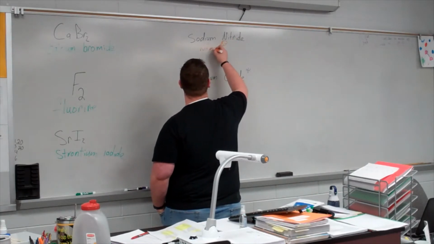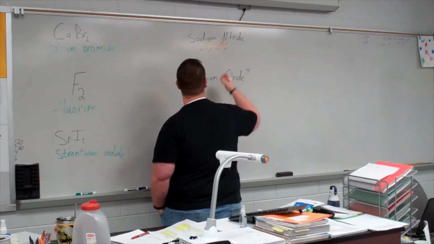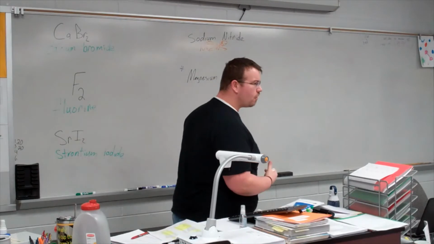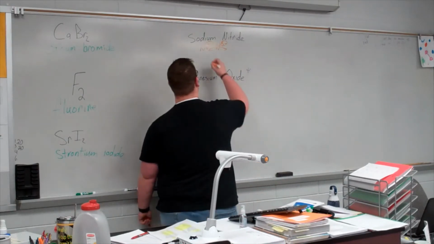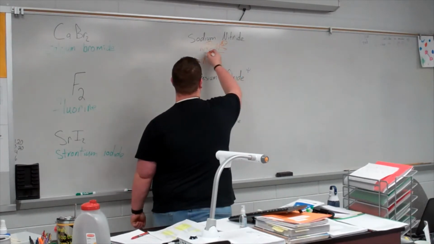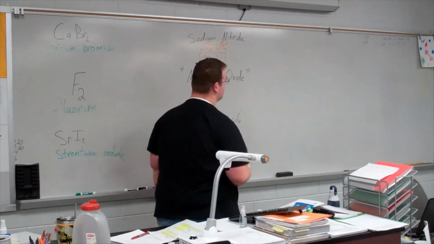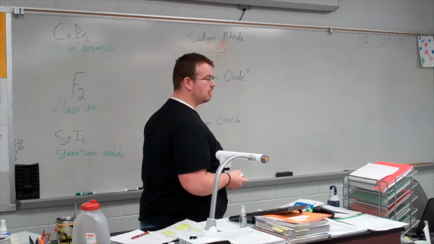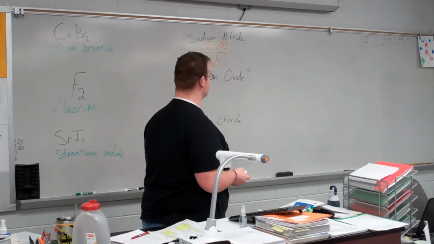Cross them. And remember what I said, don't take the charge with it. So sodium 3, nitrogen 1. So just leave it. Will it be more wrong if we put a 1, or should we just erase it once we like it? Erase it. Don't put it.